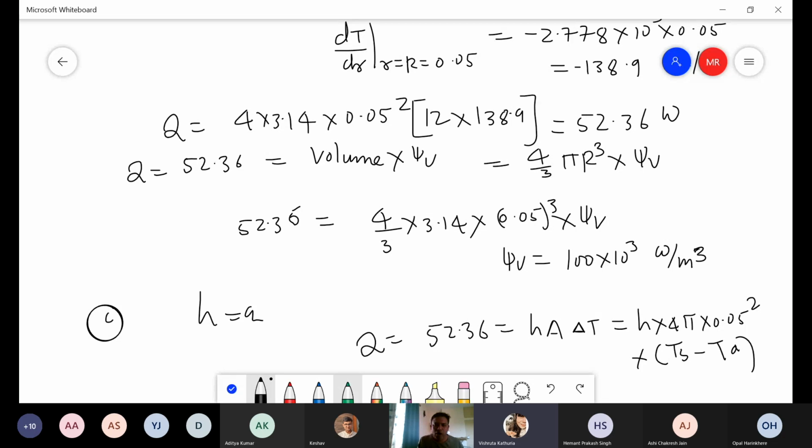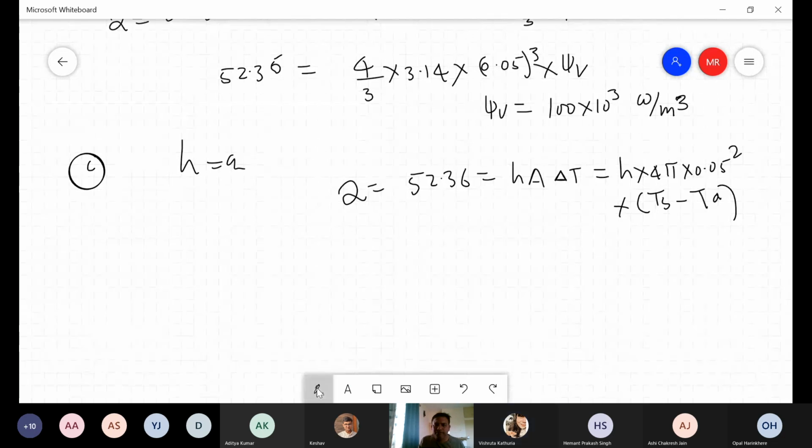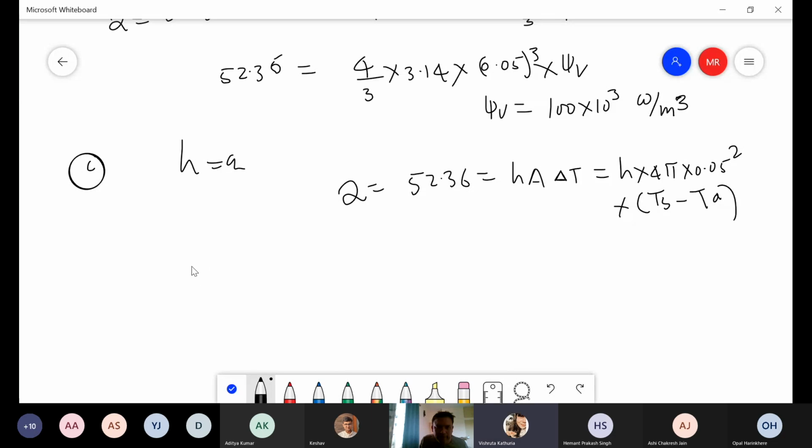Ts can be directly obtained from expression 1, which is 101.39 minus 1.389 into 10 raised to power 3 r square, calculated at r equals 0.05.